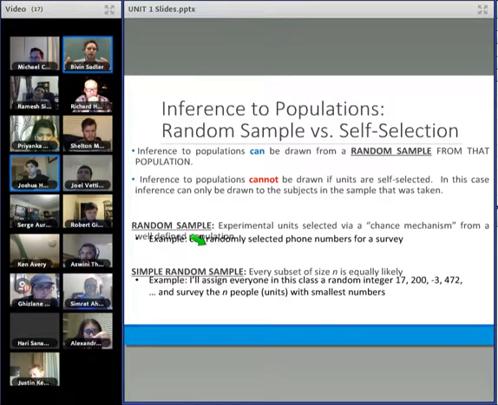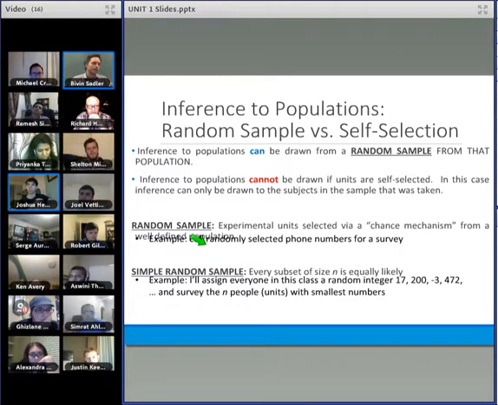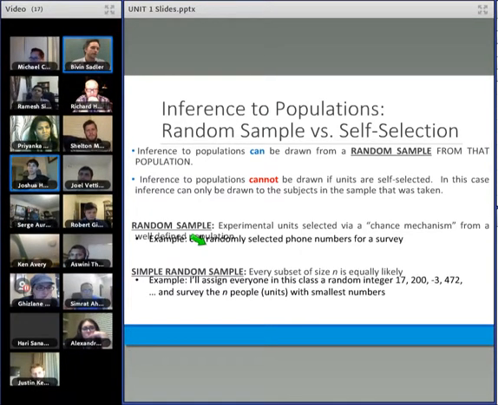So if you use randomly selected phone numbers for a survey, that's the classic example, but you're only sampling people that have phones. So the population here would be a random sample from a population of people with phone numbers. And then even then you could argue that that's not a random sample. Like back to, I think, Shelton's point, do we need to keep looking for little technicalities that make it not a random sample?